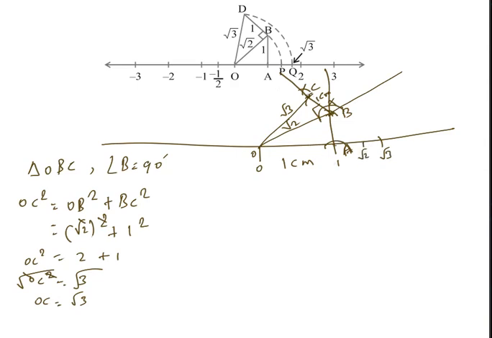The same way, if we extend and at this point draw one perpendicular, and from here draw an arc of 1 centimeter and join, we will get root 4. From here again, if you draw one perpendicular and draw a 1 centimeter arc over this and join this point, we will get root 5.